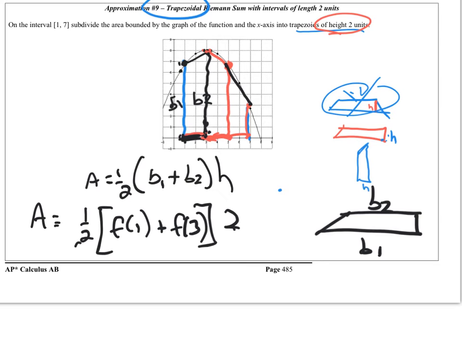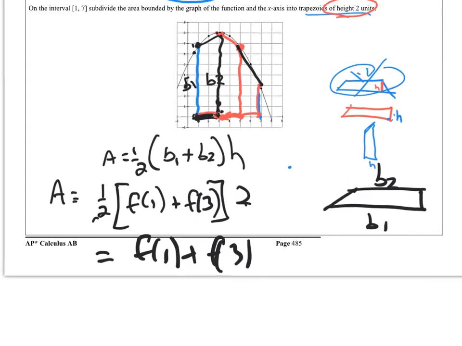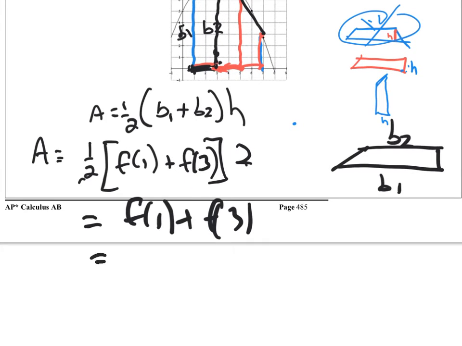So using that same function, what is f of 1? We've never done f of 1, have we? Yes, we did, in the left-hand Riemann sum. We've done f of 1. It was 20 over 3. And then we did the 3, same problem.